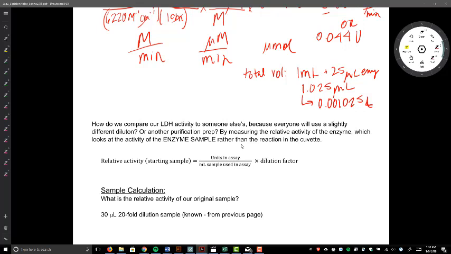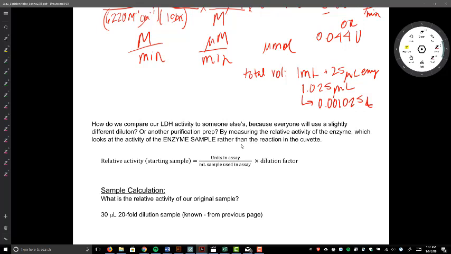And the way that we do that is by calculating the relative activity. That's really important, especially if you want to compare your sample to somebody else's in the lab, because you may end up with totally different units of enzyme or a different activity because you used different dilutions, or maybe you started off with initial samples that had different concentrations.